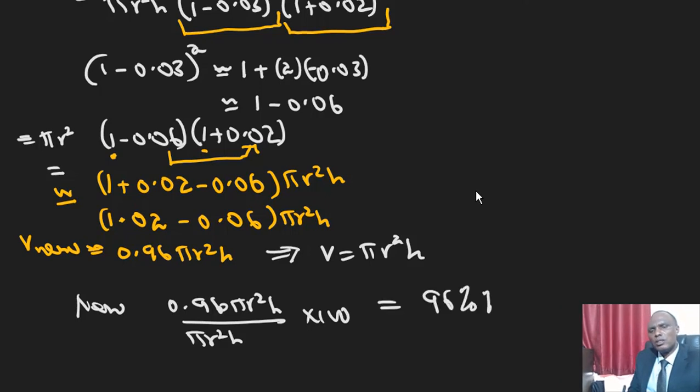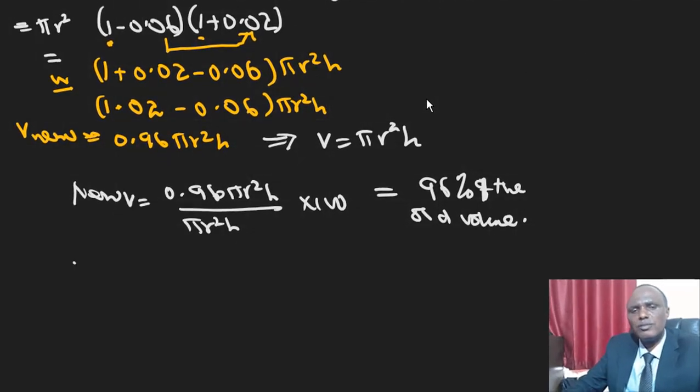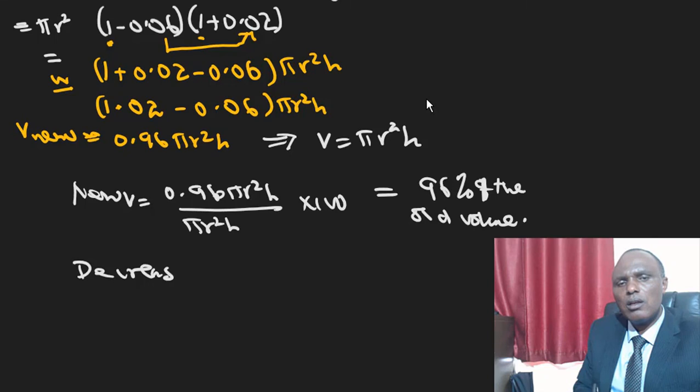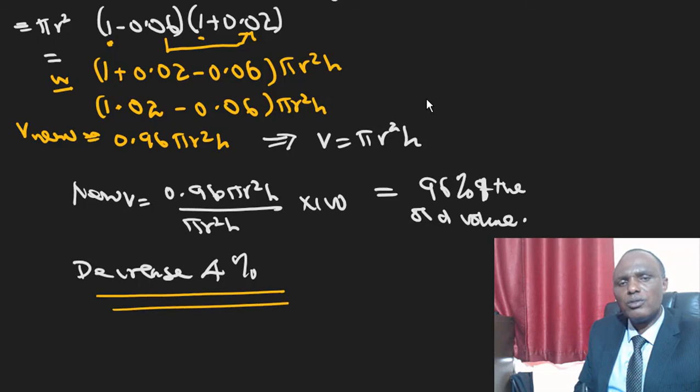So it is 96% of the old volume. There is a decrease of 4% when the radius is decreased by 3% and the height is increased by 2%. So that is how we solve it.